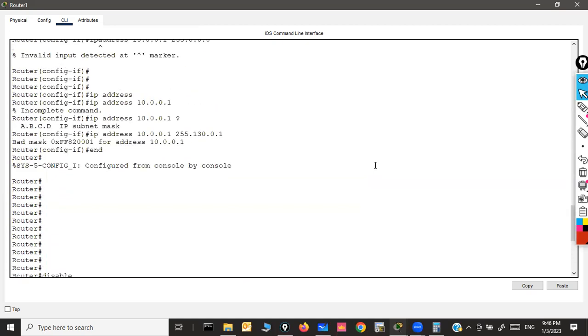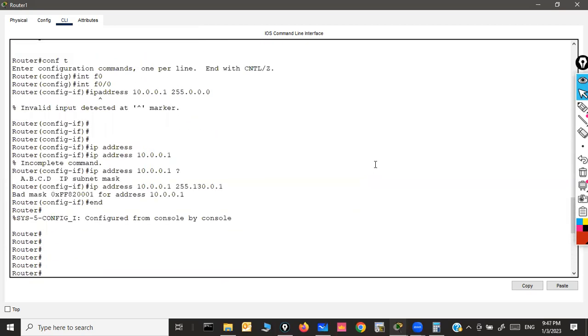So I will explain how we do it in a real environment, because this is a simulator, right? There are some differences between the physical real environment and the simulator, so I will try to bring out those differences so that you can understand them, right?